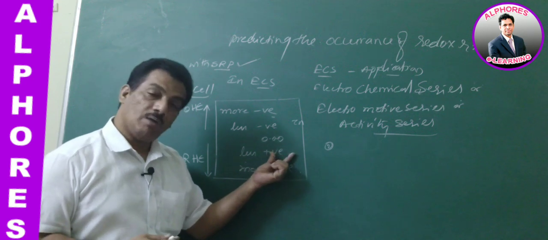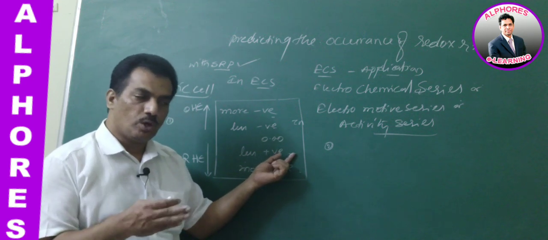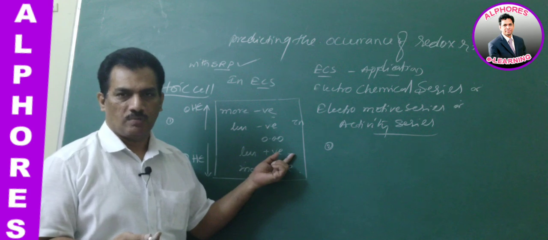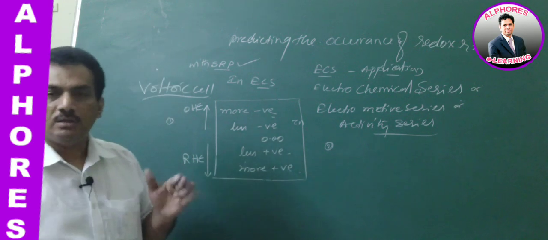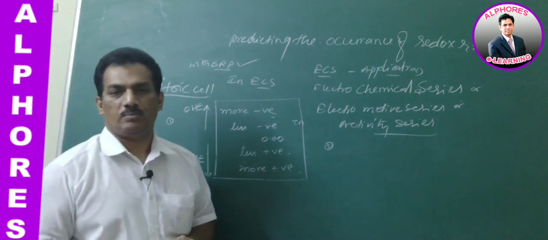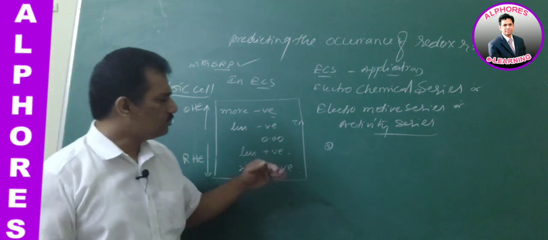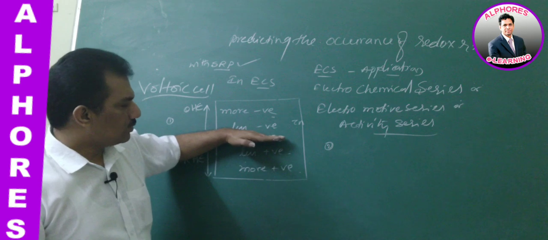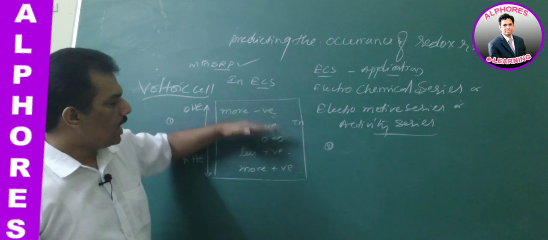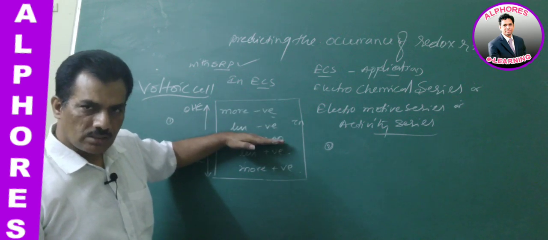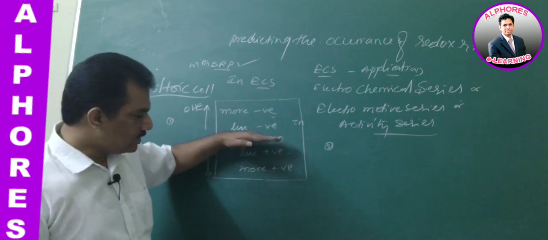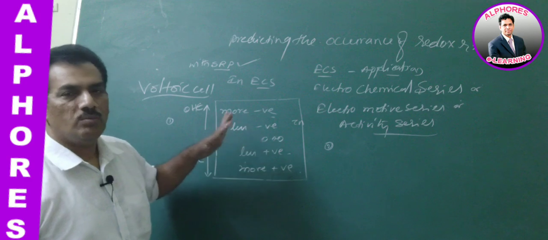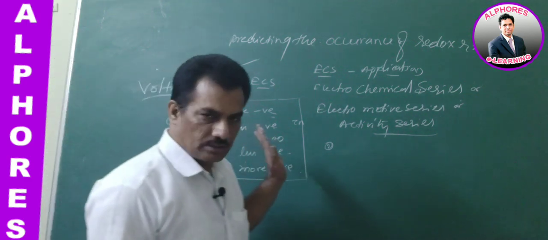Whereas the SRP value of copper is plus 0.34 volts, so it is below hydrogen. That's why copper is unable to release hydrogen from acids. So altogether, simply remember: metals above hydrogen in the ECS can release hydrogen from acids, and metals below hydrogen are unable to release hydrogen from acids.